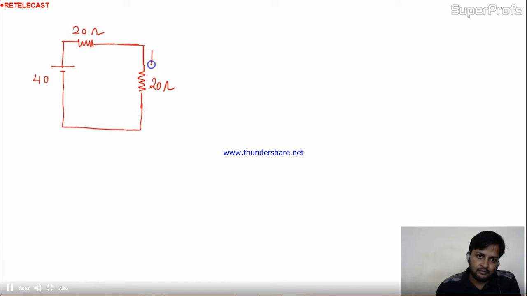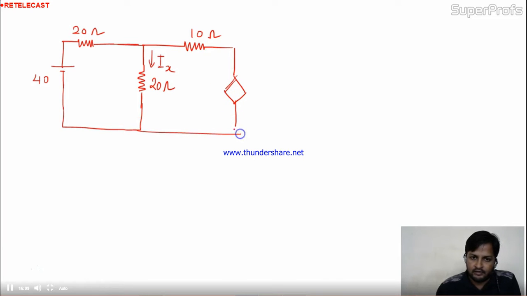In this 20 ohm, Ix is given, connected with 10 ohm. This 10 ohm is again connected with 4Ix incoming current, where Ix is nothing but this only. So here also I should write like this.